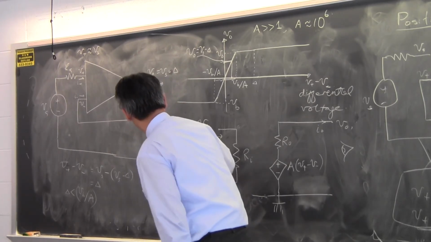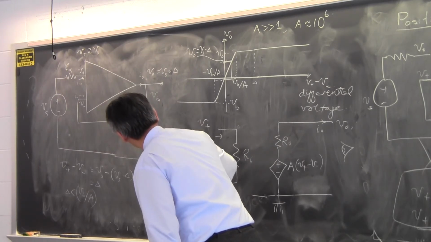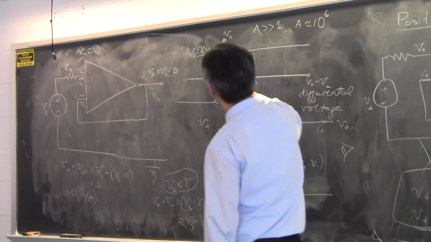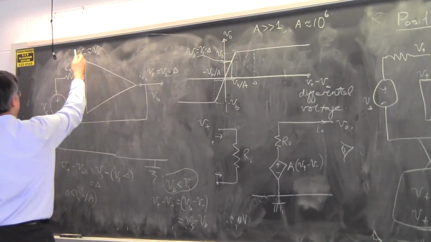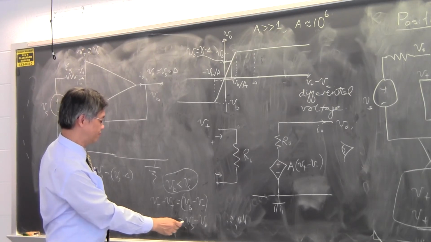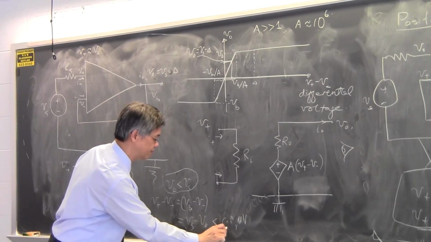Okay, but we say that VB is less than Vs. You're outside the linear regime, and this gives rise to a contradiction because this says that VB minus Vs is less than 0.